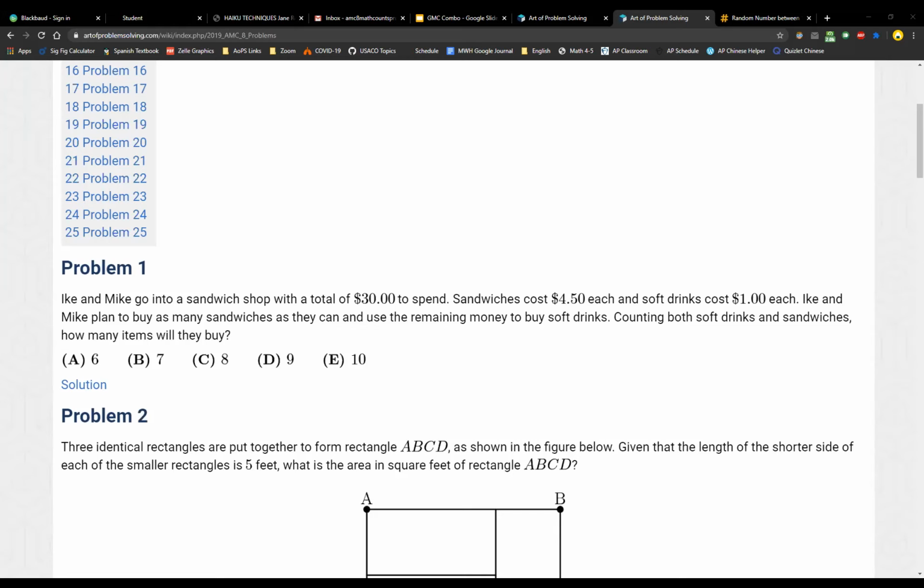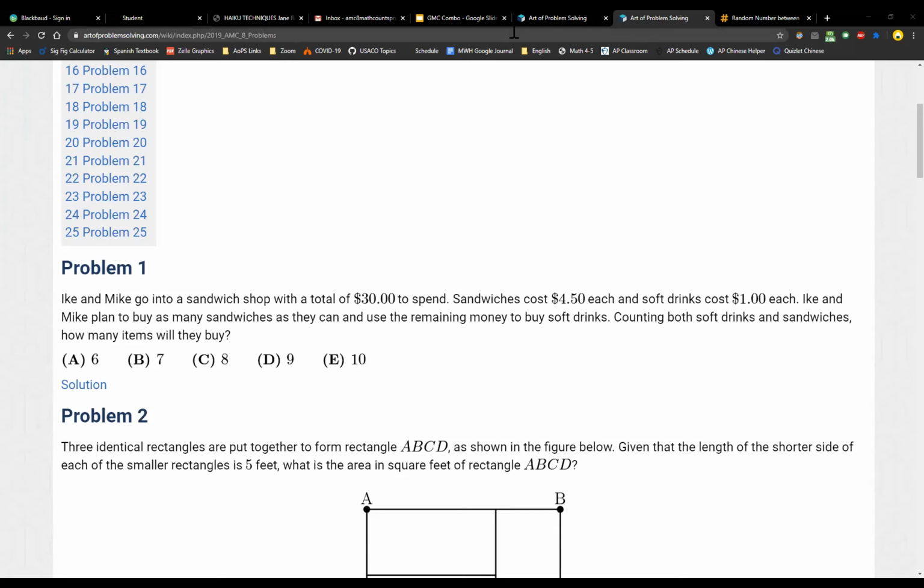Is it B or is it D? Let me think. So there's 6. Yeah, it should be D. All right, I guess I'll just write the answer real quick.